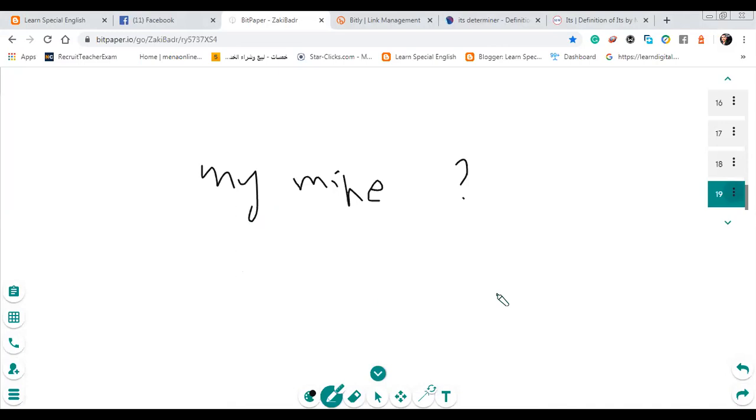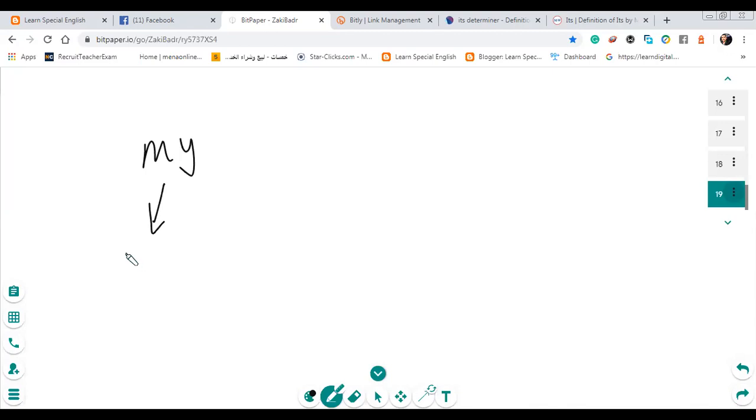We don't repeat the noun and we just use a pronoun. Why do we use a pronoun? Because we don't want to repeat. So the idea of not repeating something is actually accurate. So "my" here is a determiner. There should be a noun after "my".